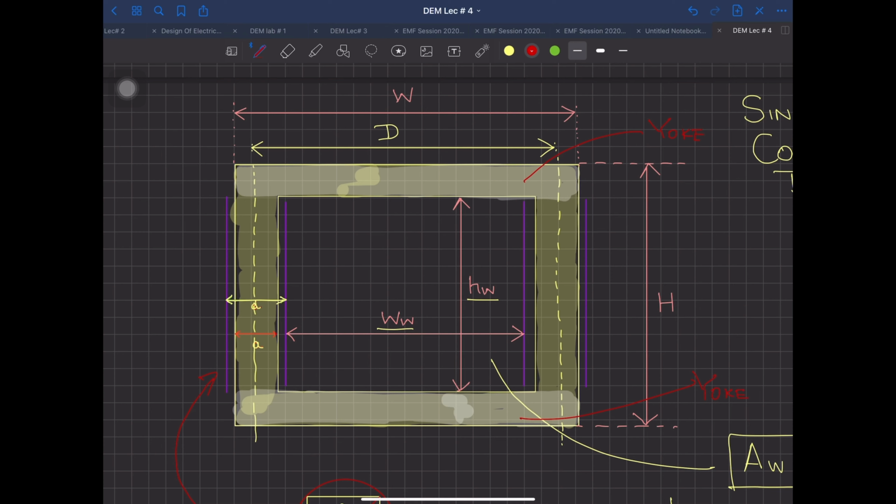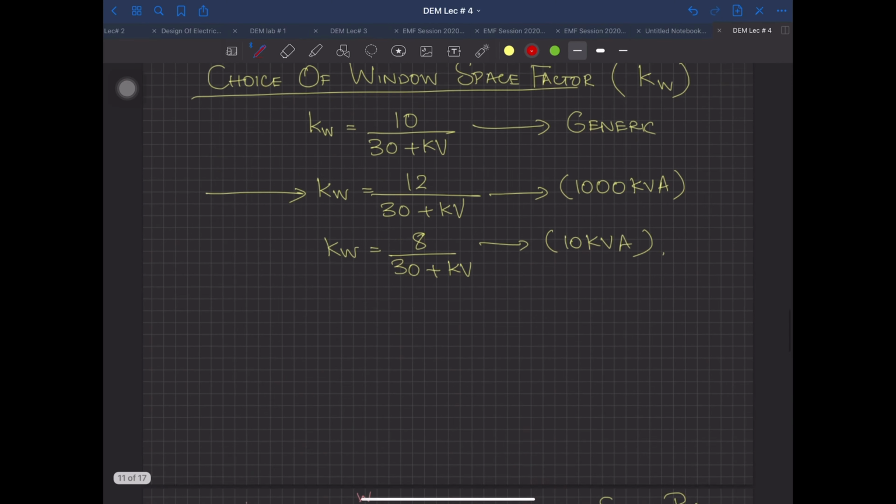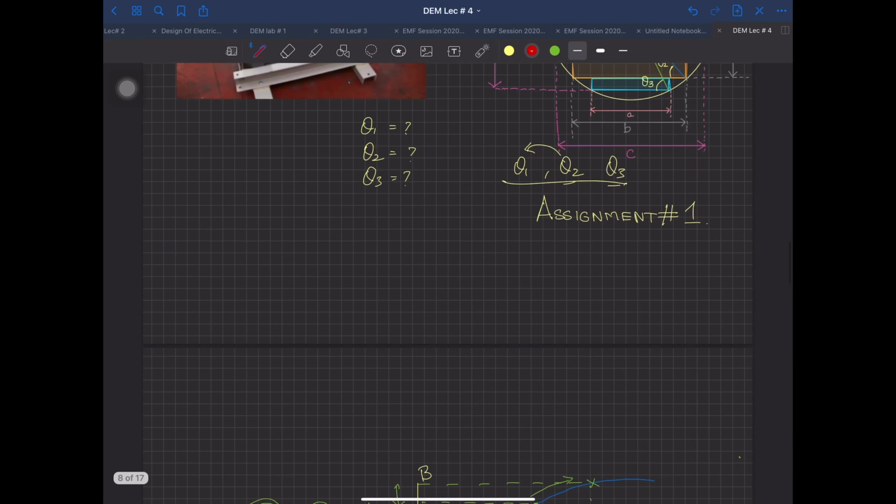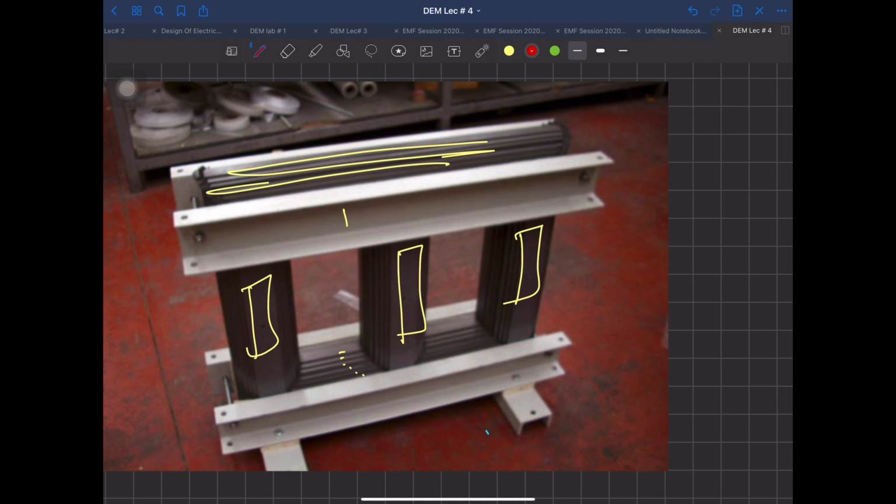This yoke can be stepped or can be just a square area. It's totally up to you. Now the pictures which I have just shown you today, which I have taken from the internet, here the yoke is also stepped. But if you want to save some money, you can make it a square shaped core also.